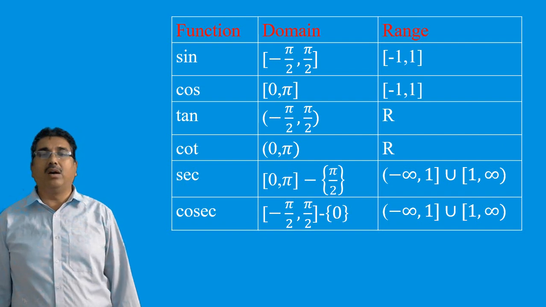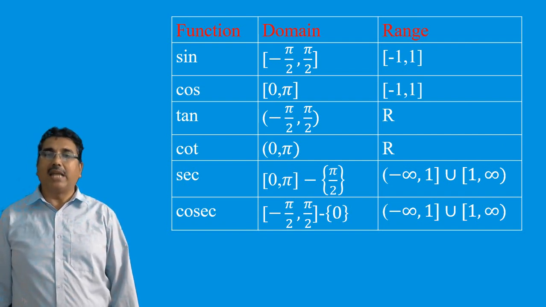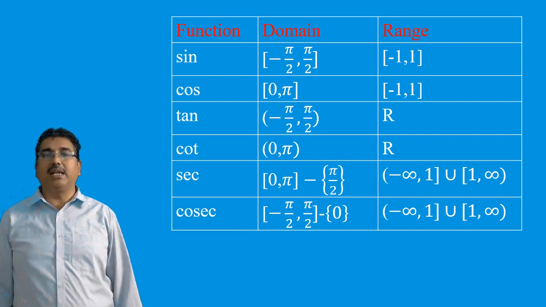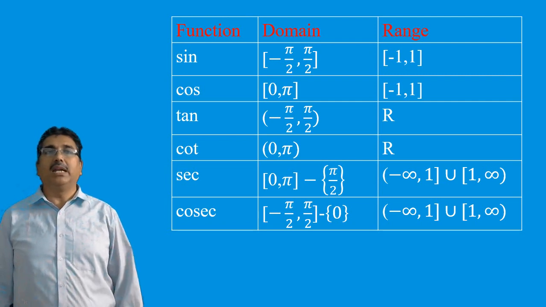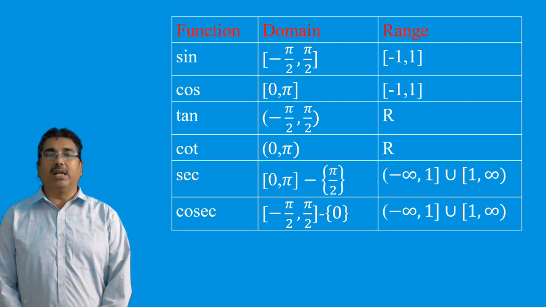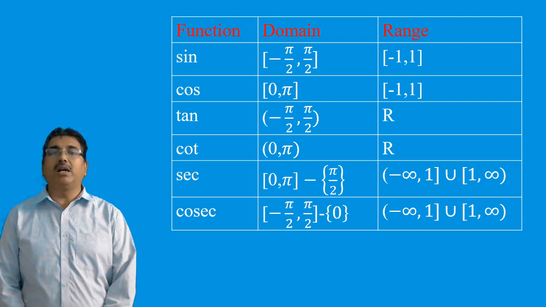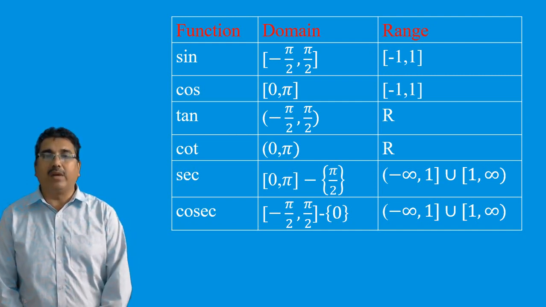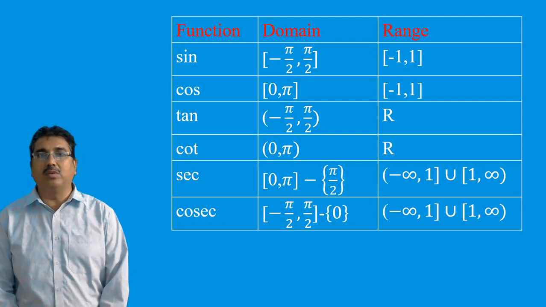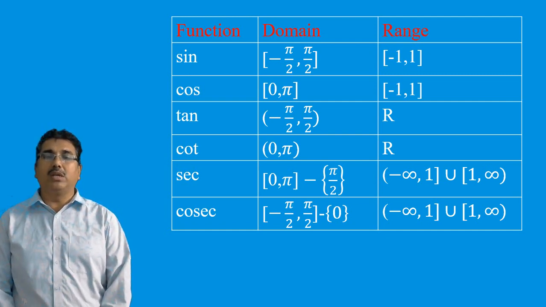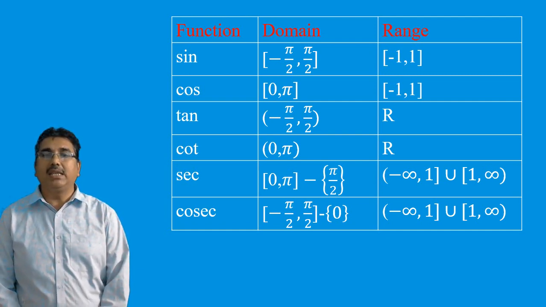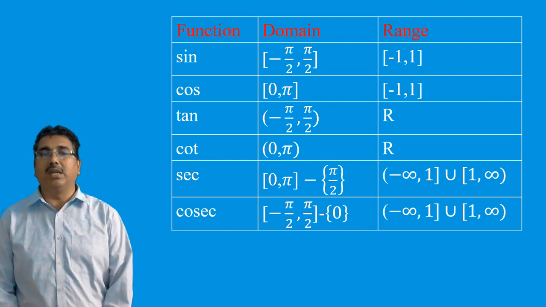The domain of sine, tan and cosecant is the same, that is the closed interval [-π/2, π/2]. But tan is not defined at x equal to plus or minus π/2, so delete these two numbers from the domain.